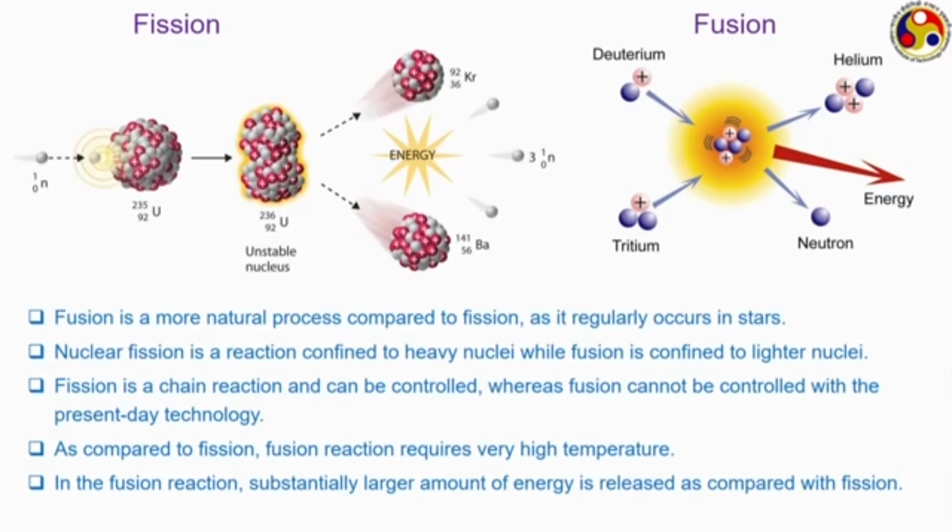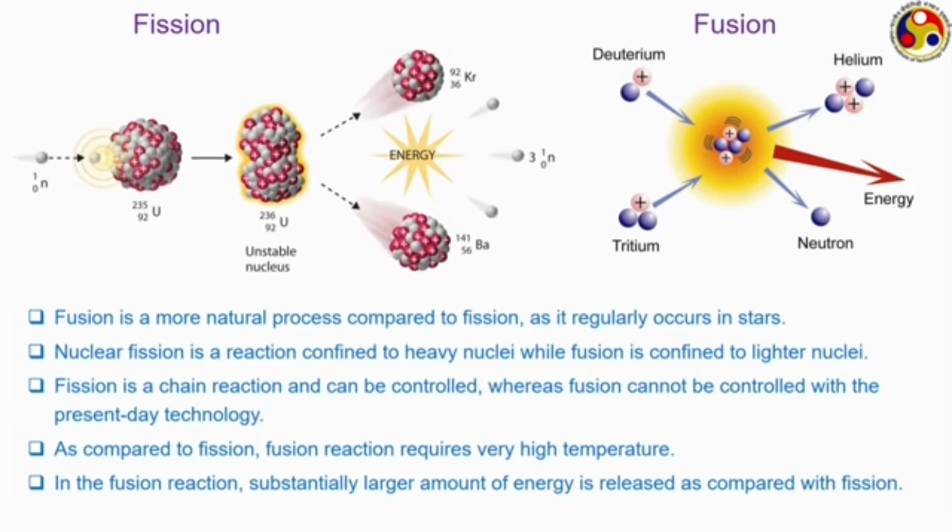These are the two examples that I just referred to. One is fission, where in this particular example we have U-235 getting broken into two lighter components, krypton having a mass number of 92 and barium having a mass number of 141. So this is a fission reaction where a heavy nucleus is getting broken into two smaller, lighter nuclei.